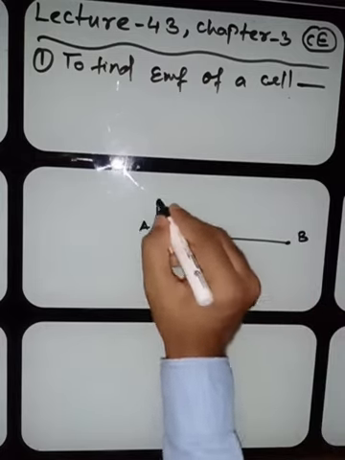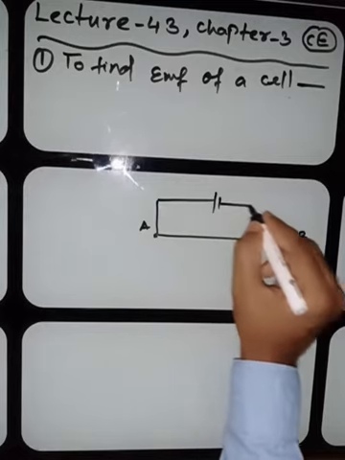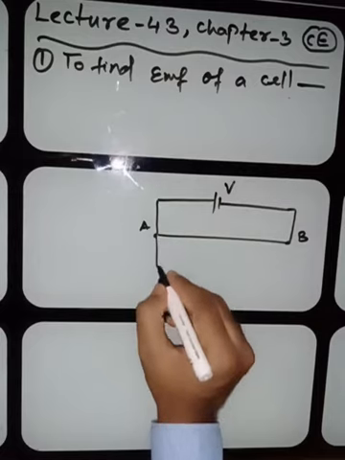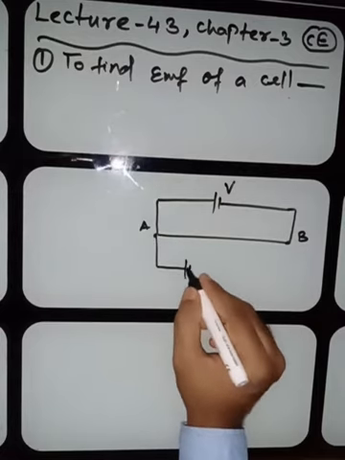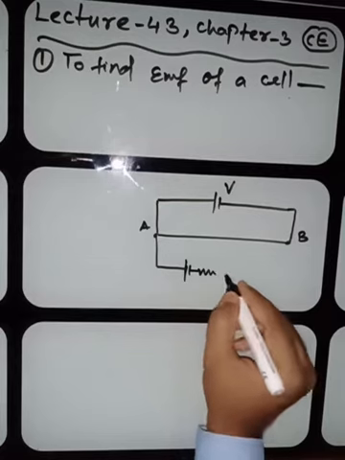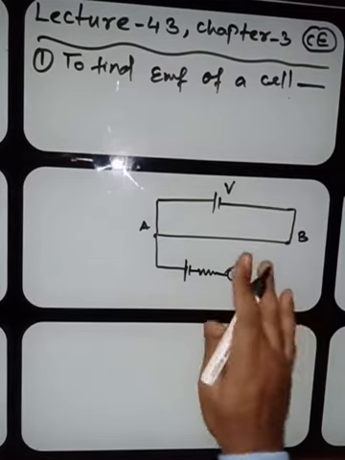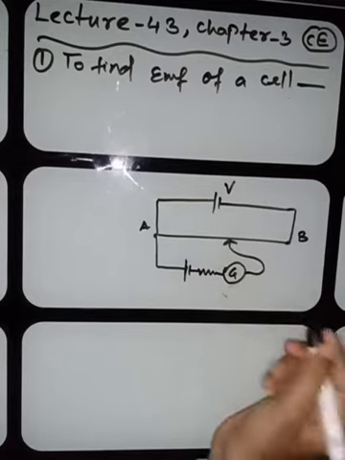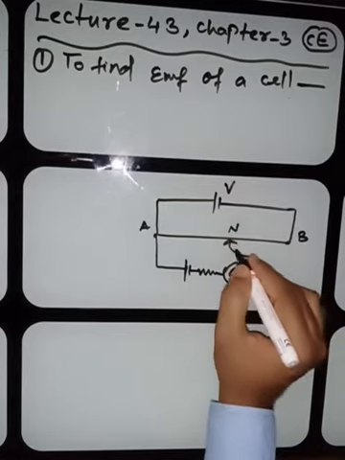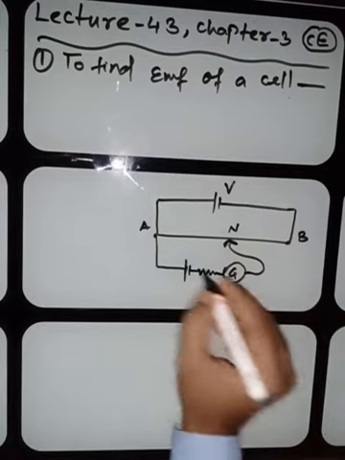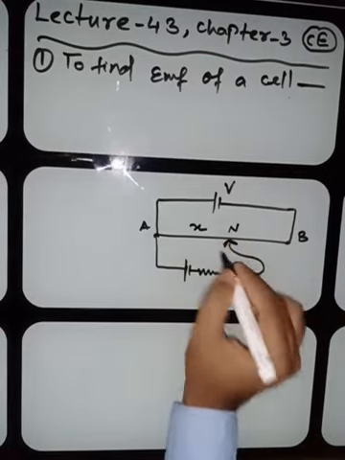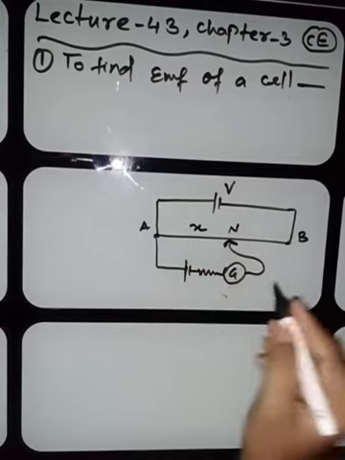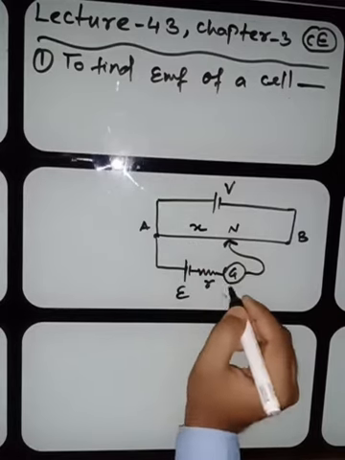It is connected with a driving cell V, and a cell of EMF E with internal resistance, and a galvanometer. Suppose this is the balance point, that is the null point, and this is the jockey. This is the balance length X, and this is the EMF and the internal resistance.